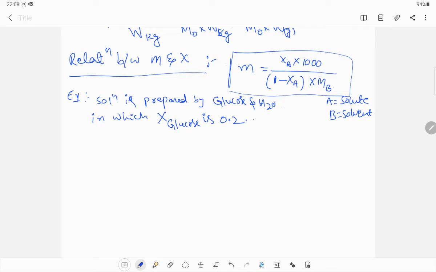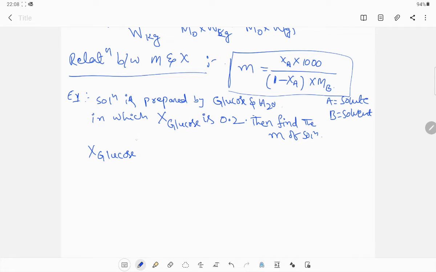Then find the molality of the solution. Now please write the formula of mole fraction of glucose.